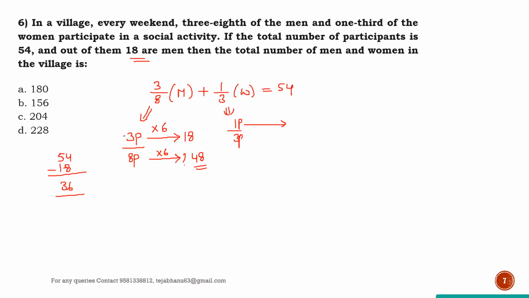So 1 part is 36, the multiplication factor is 36. Now 3 parts, 3 into 36, is 108. If you add these two, you'll get 156. The total number of men and women in the village is 156.